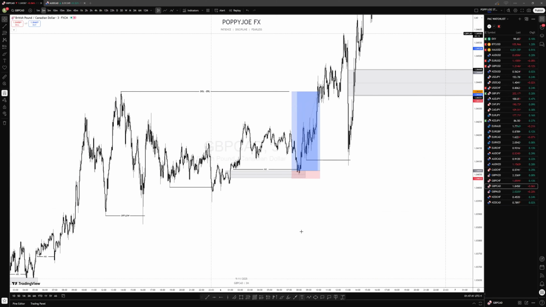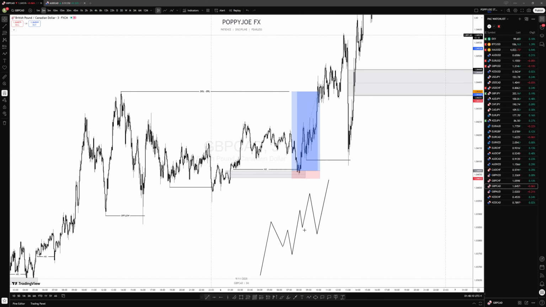So whenever you have something like this, let me just draw it out the way it appeared on the chart here. Okay, this is what we had on this one.